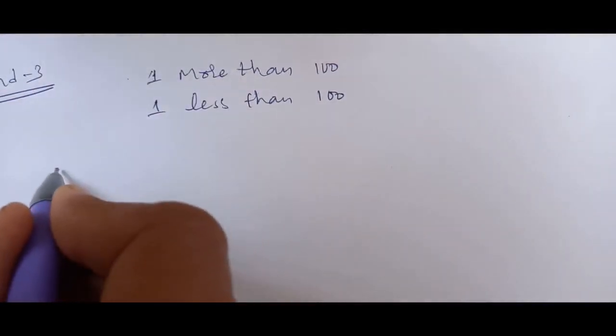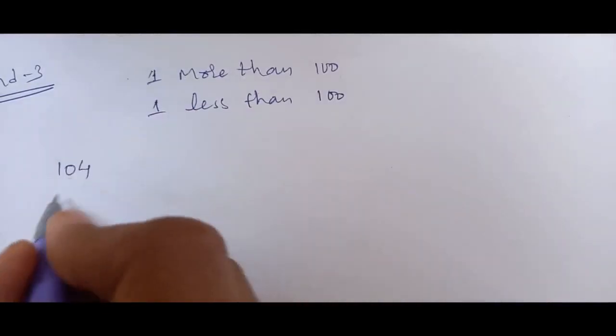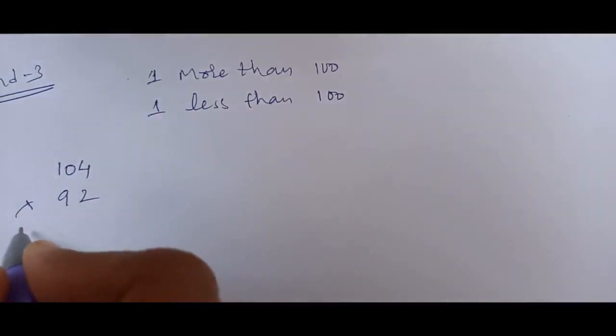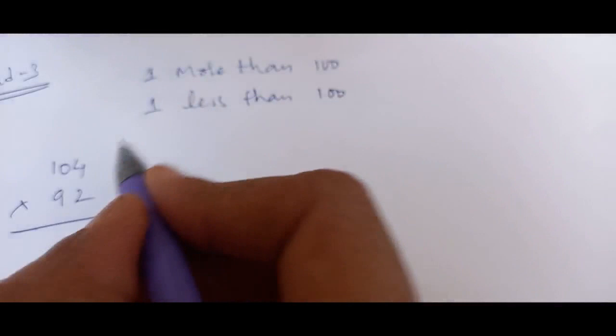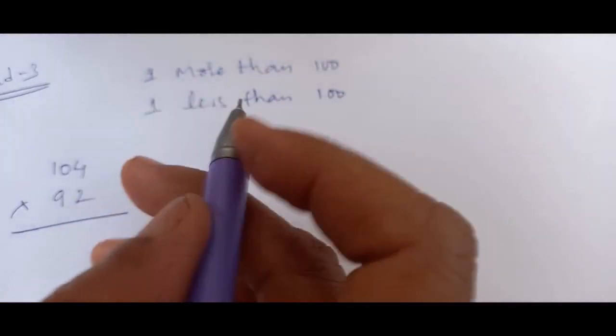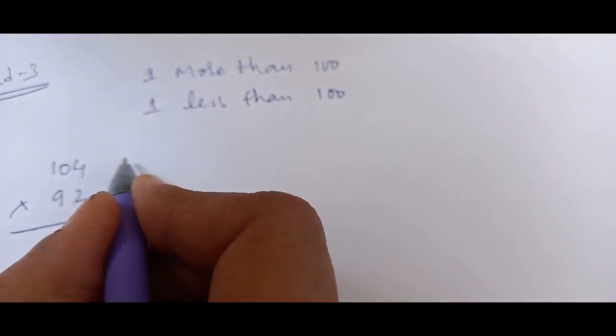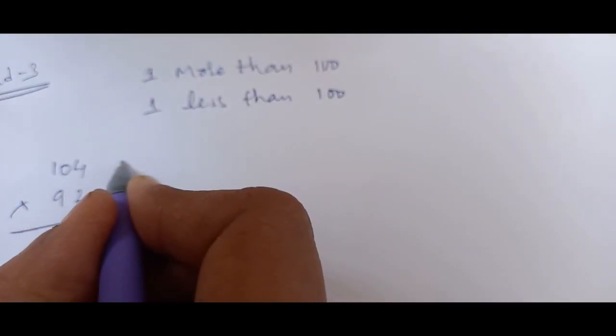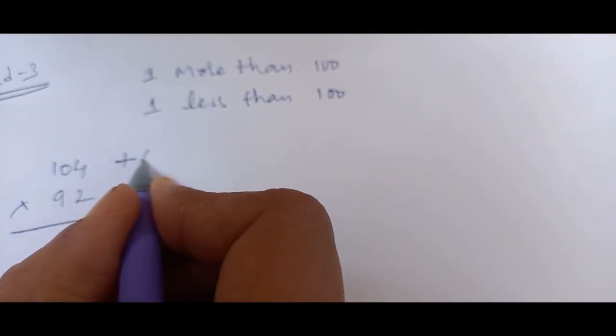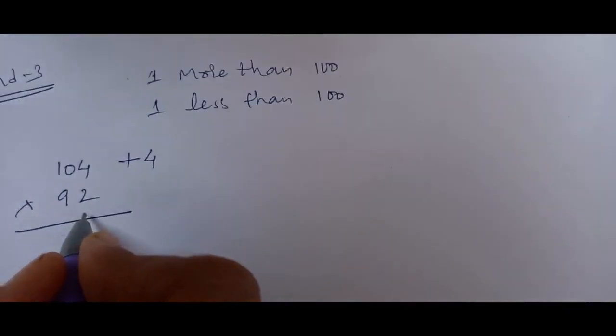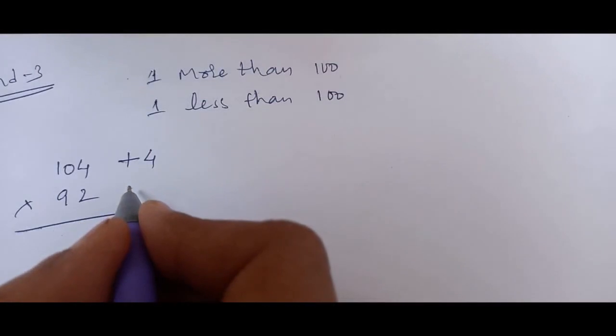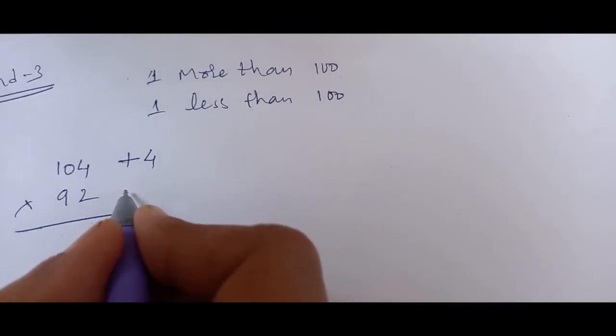Let's take one example, 104 into 92. Here 104 is above 100. It is 4 more than 100, so write plus 4. 92 is below 100. How much less? 8 less. It is less than 100, no? So write minus 8.